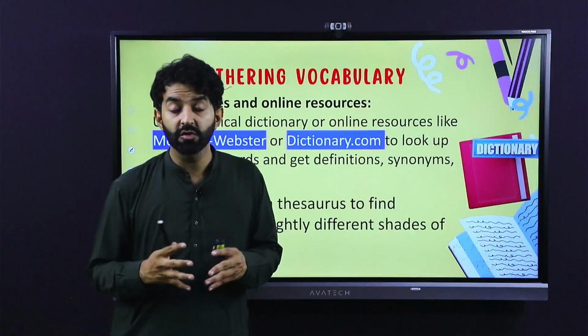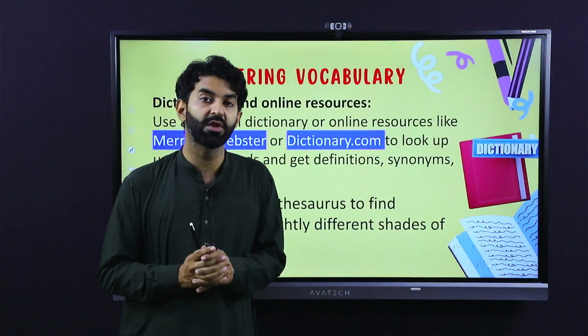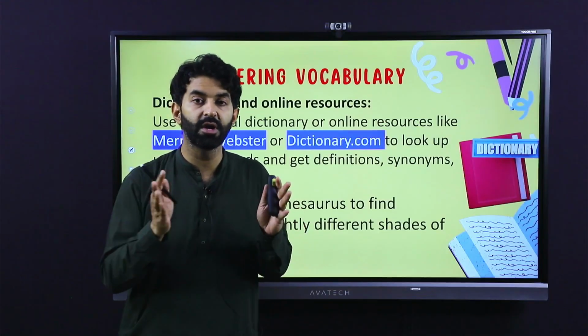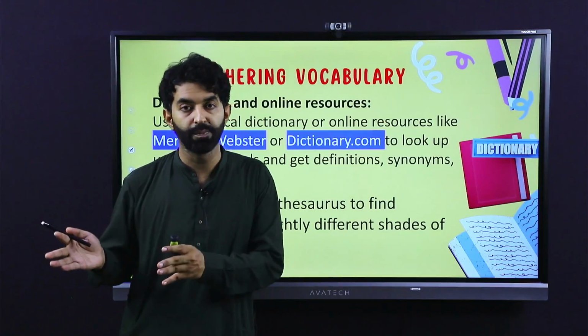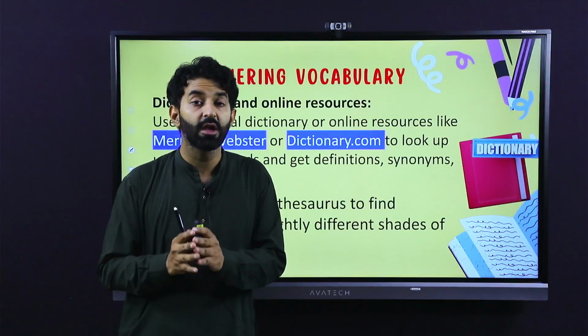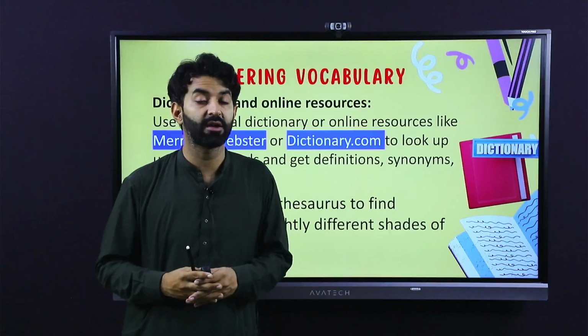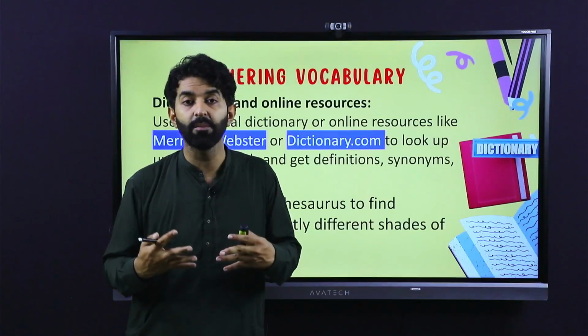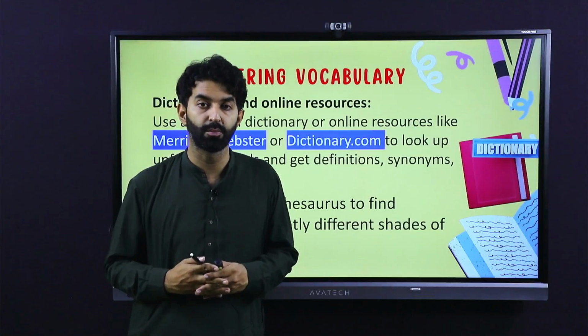And my dear learners, we should always learn vocabulary in a context. There is no point in learning the words in their Urdu meanings. They are useless if you're not using them in the correct context, and if you're not using them with the context for learning purpose.